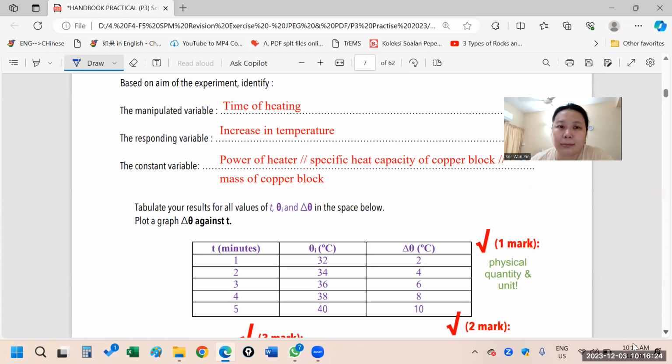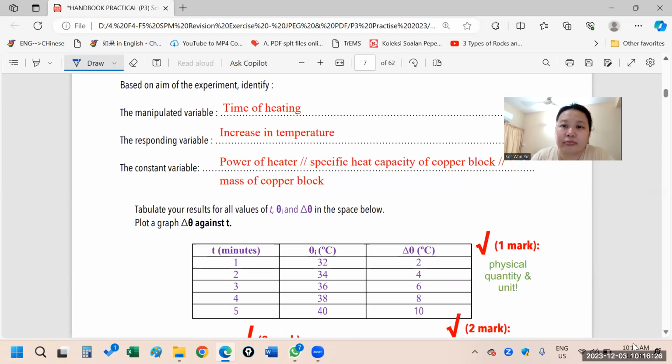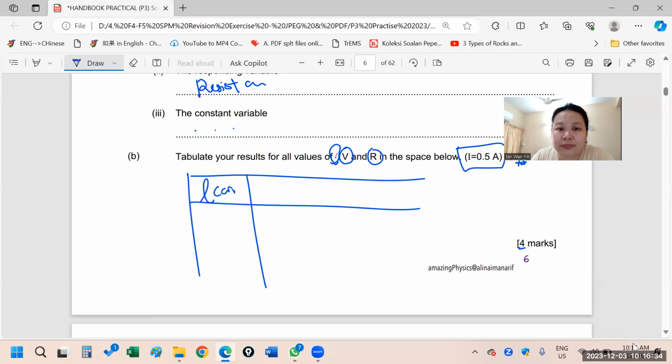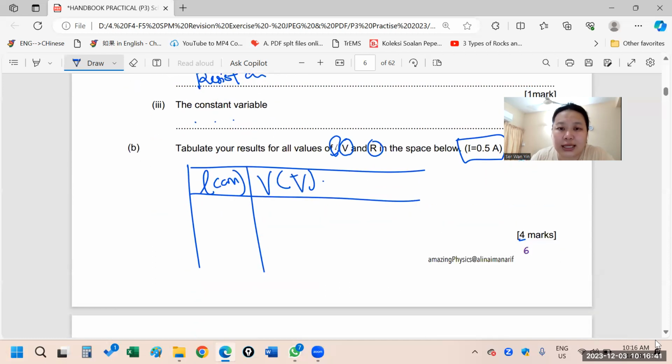Normally we make the table like this. L in cm, V in volts, R in ohm. Normally we write I first, but I no need, because every time we fix I equals 0.5.